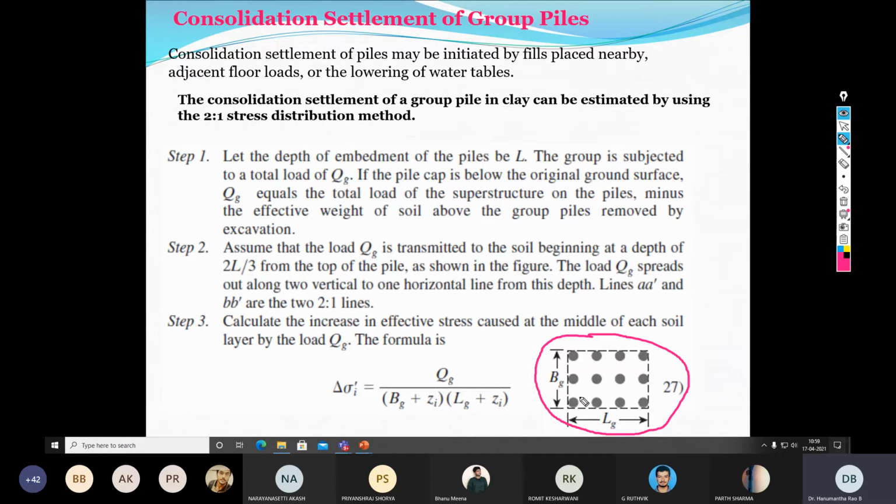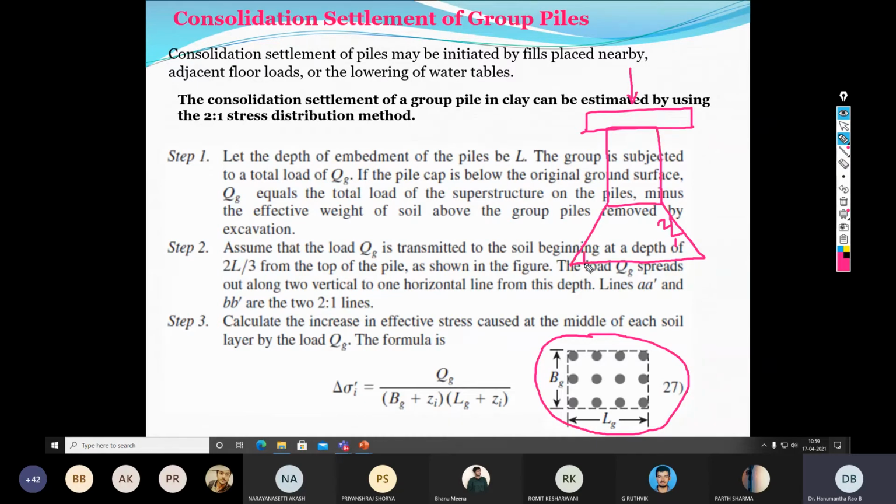Now, how do you determine the increment in stress at any given depth? You remember, suppose this is the pile group as a block. So this is the pile cap and this is the pile group as a block. This is how we assumed the load distribution in case of the shallow foundation. The same can be valid here. It is 1 horizontal to 2 vertical, the 2:1 load distribution.